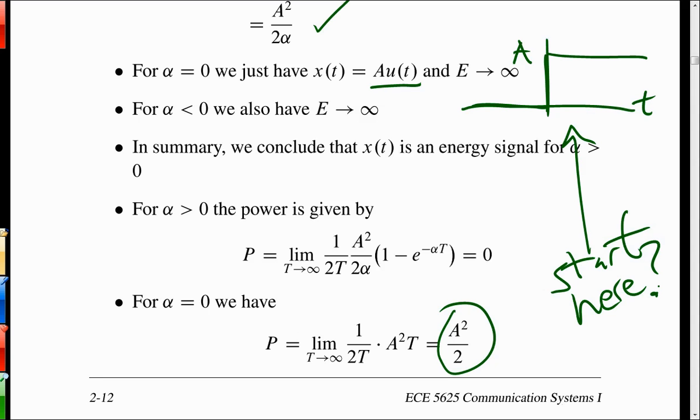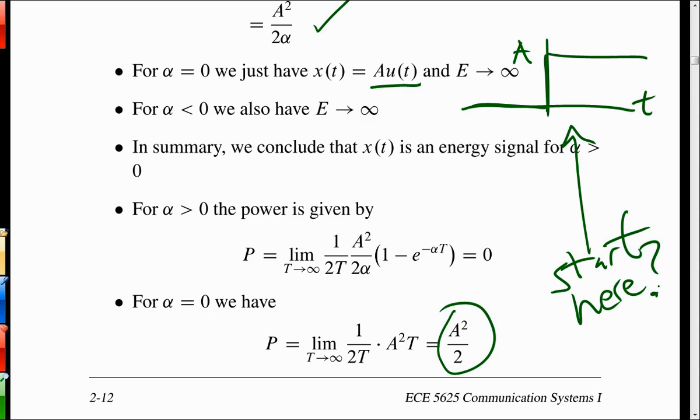It's just v squared times t over t as the limit as t goes to infinity, or minus to plus infinity. I guess what I'm going after is just simply saying it's a squared. That's the power it's going to produce for all time. Average power, I mean, it will produce. It'd be a squared.